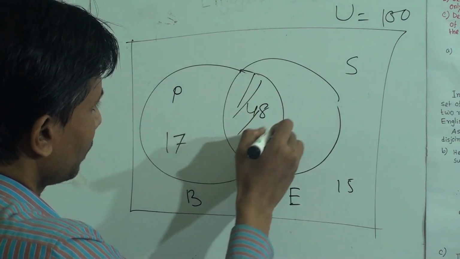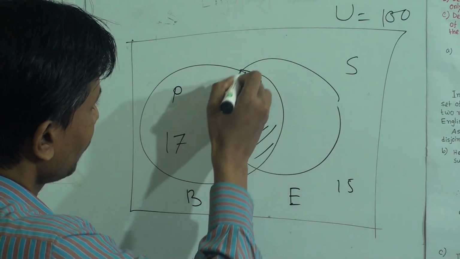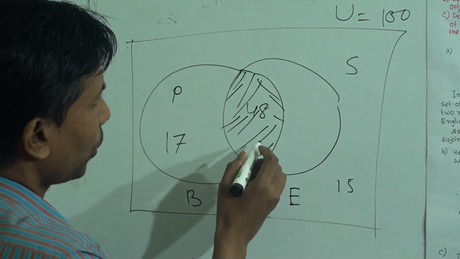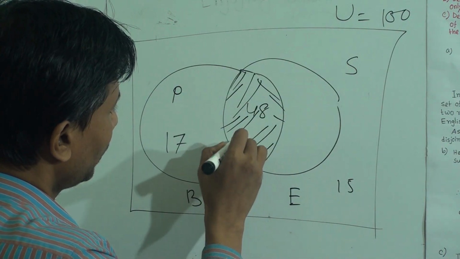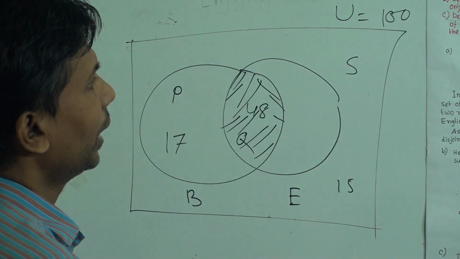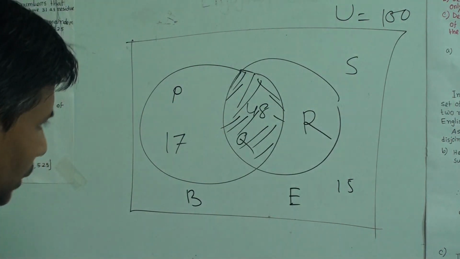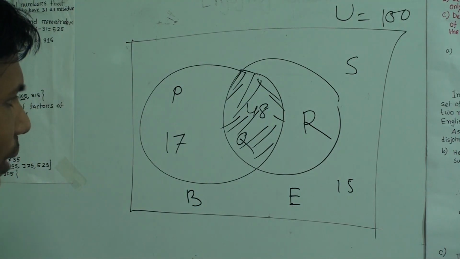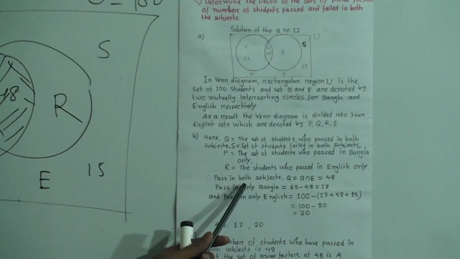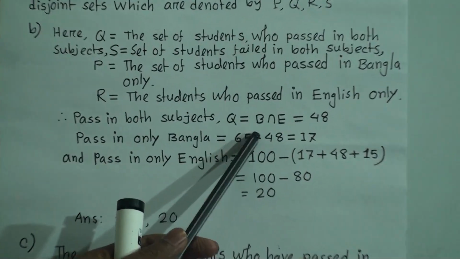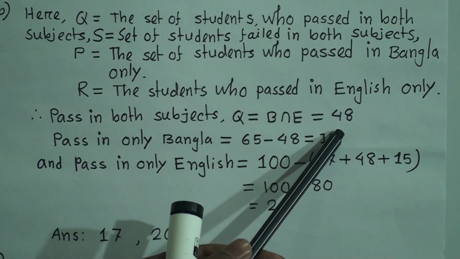Okay, that means this is called Q, and this is R. Look students, pass in both subjects: Q equal to B intersection E equal to 48.